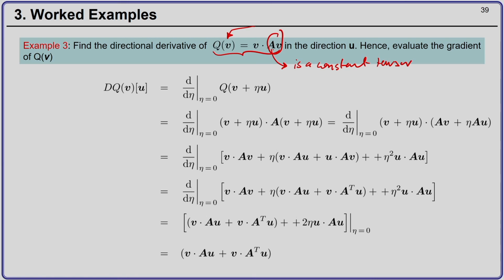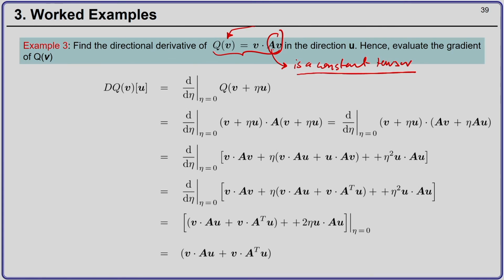Now, what we want to know is, if we change the vector v from v to v plus u, what will be the change in the value of q in the direction of u? We are given that A is a constant tensor.